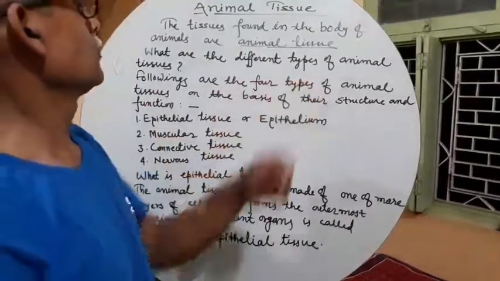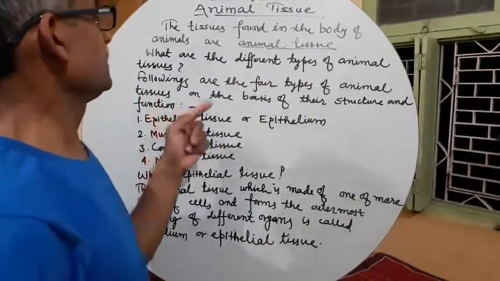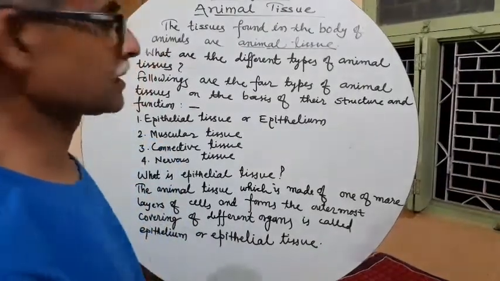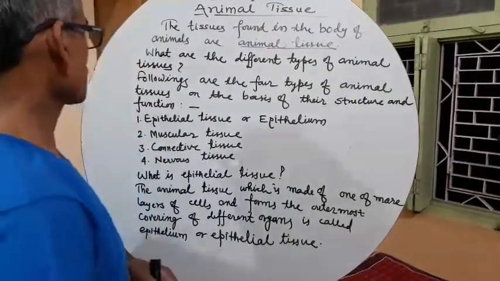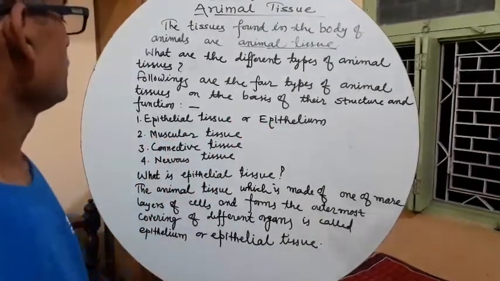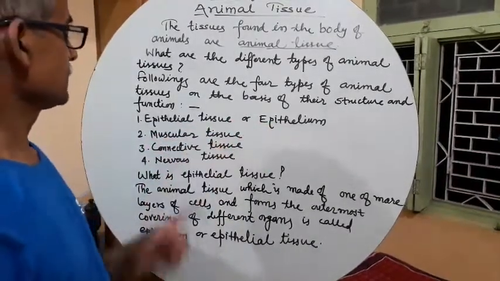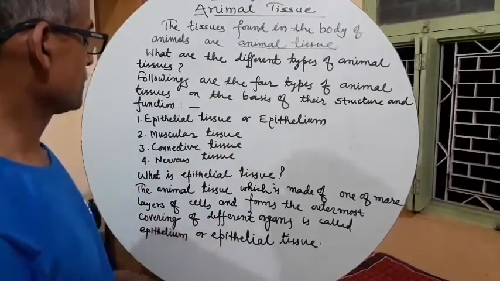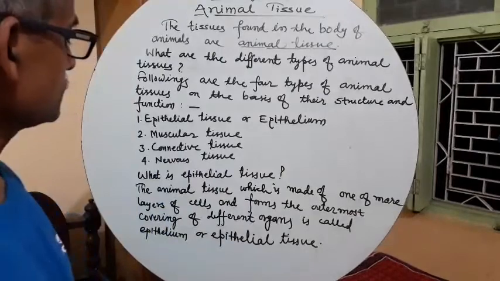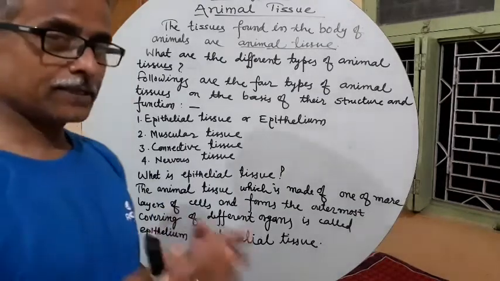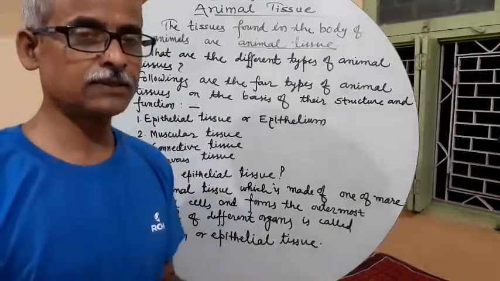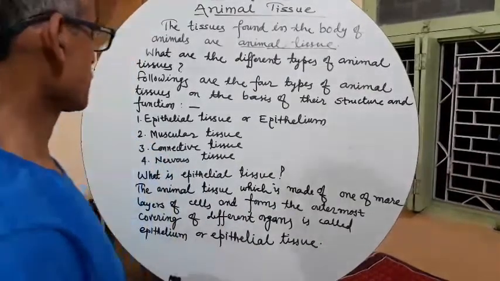Following are the four types of animal tissues on the basis of their structure and function: epithelial tissue or epithelium, muscular tissue, connective tissue, and nervous tissue. We shall study about all these four types of animal tissues one by one.